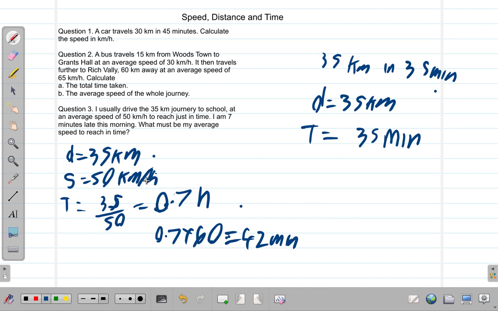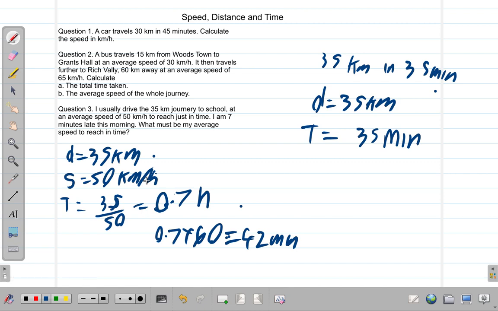Now, the distance doesn't change. The minutes must change because I'm 7 minutes late. I usually take the 42 minutes, but I'm running behind time. So 42 minus 7, I have only 35 minutes before I must reach.